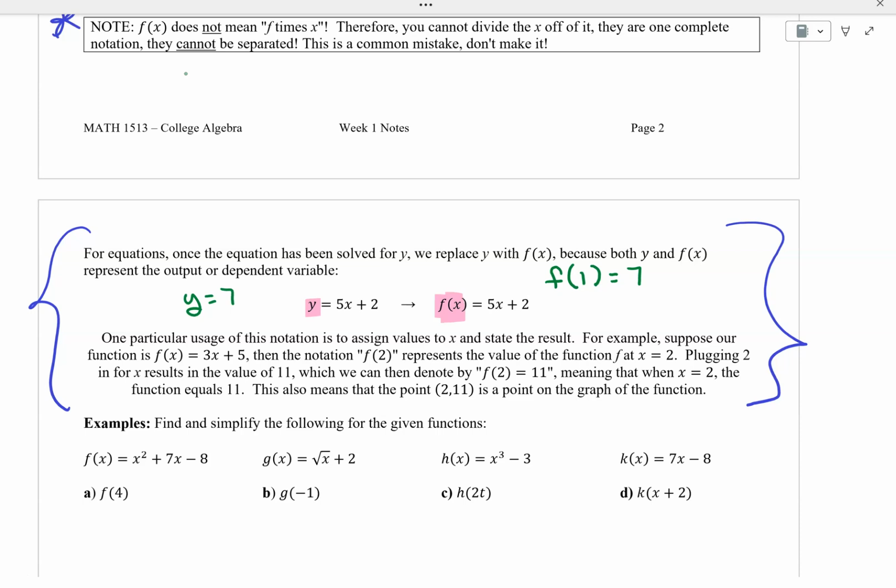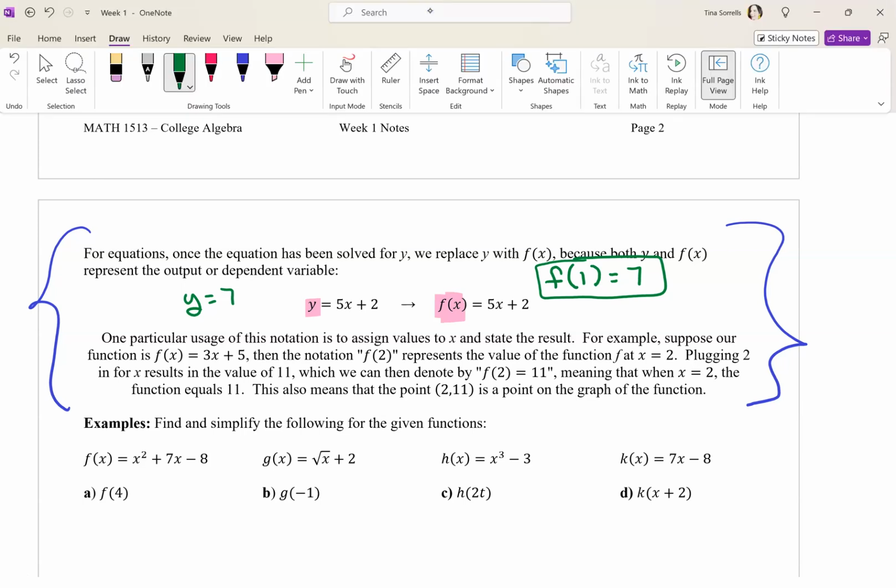But what I do know when it's in function notation is that I plugged in a 1 and I got a 7 out of it. So it gives us more information when solving these problems. So we're going to go practice function notation and plugging in just like I did.